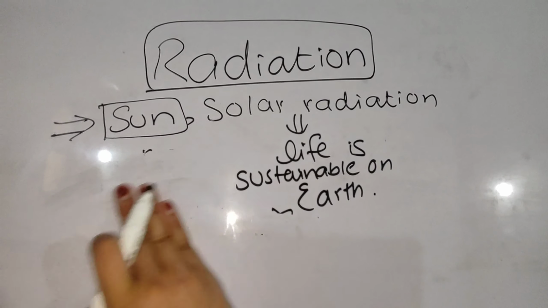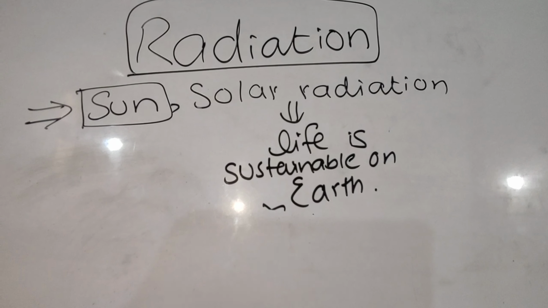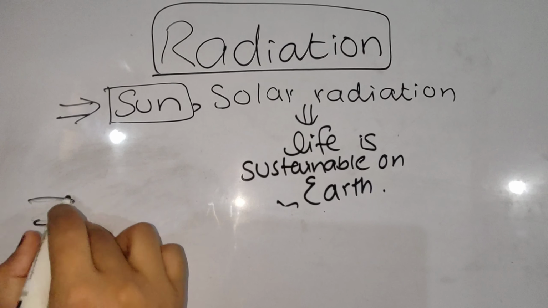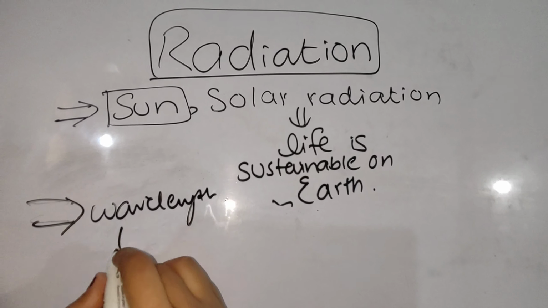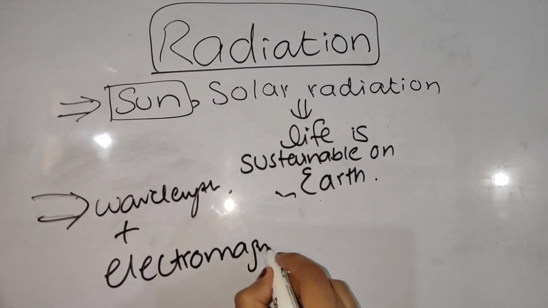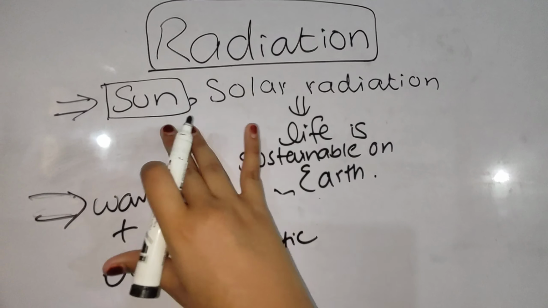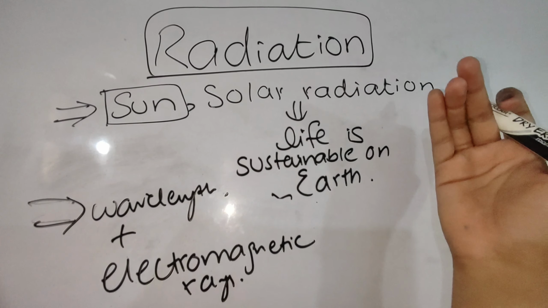Solar radiations consist of different kinds of wavelengths plus electromagnetic rays. The sun has lots of solar radiations, and these are of various types.